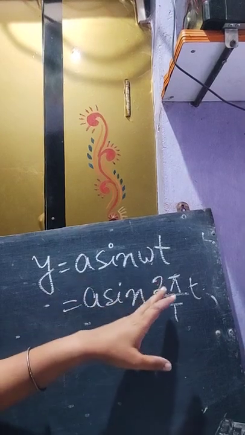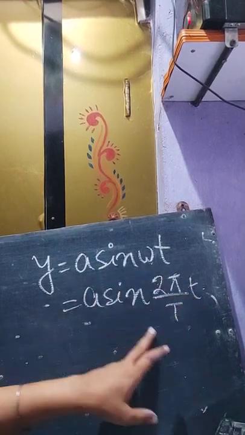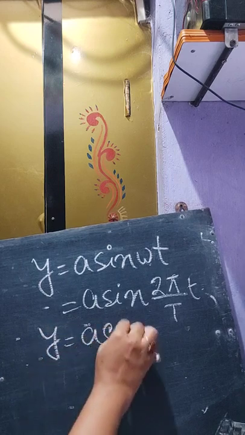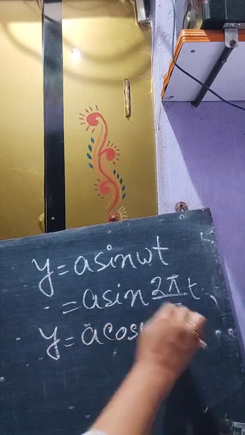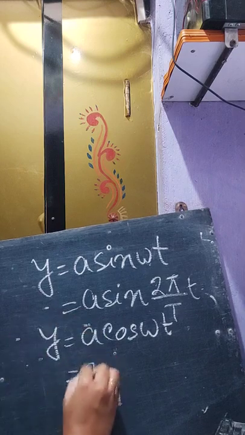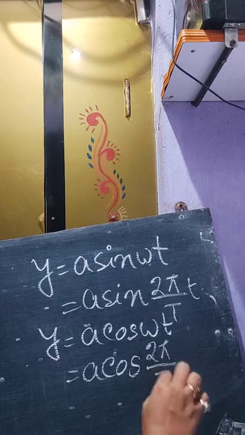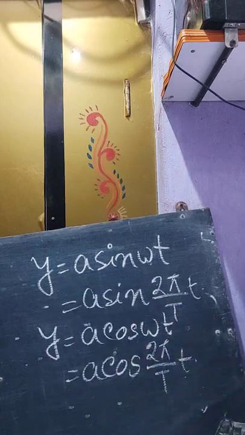So, here I have written y equal to a sine omega t, where omega is replaced by this. The same thing I can write as y equal to a cos omega t. Omega will be replaced by 2 pi by capital T, right?